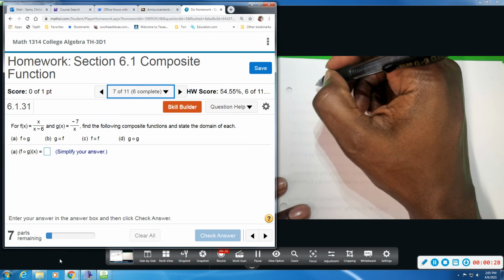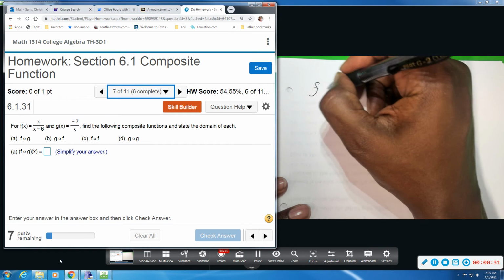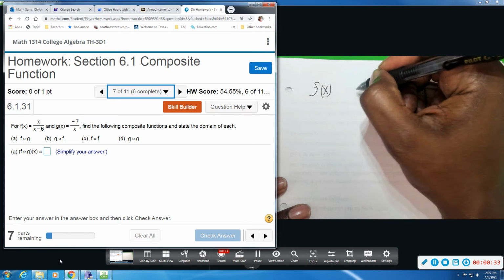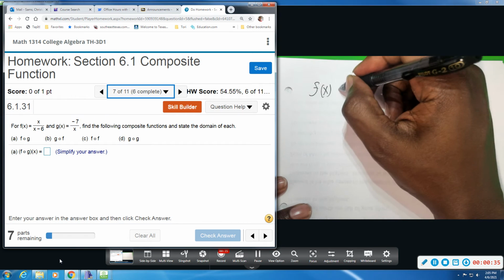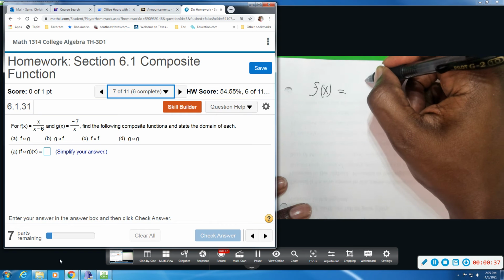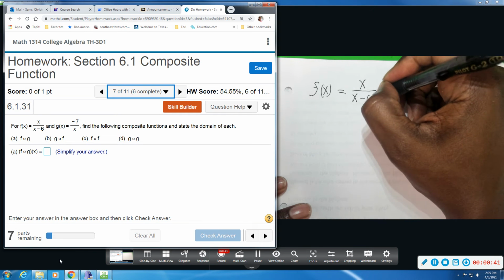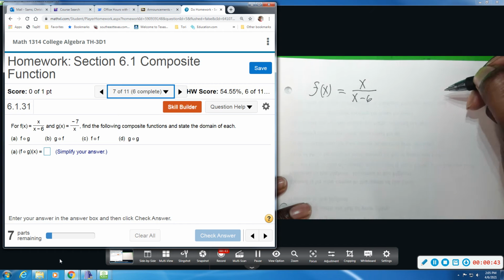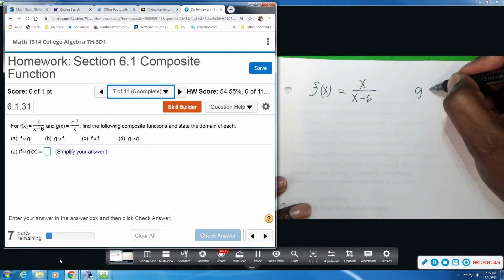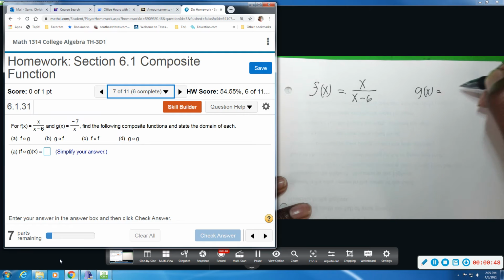So let's find that. For f of x, we have the function x divided by x minus 6. For g of x, we have the function negative 7 divided by x.